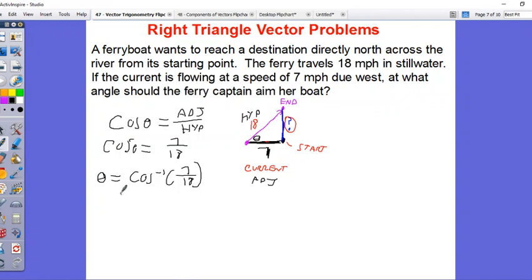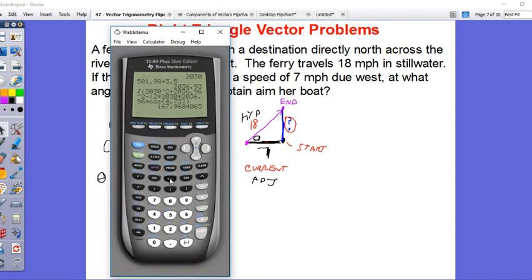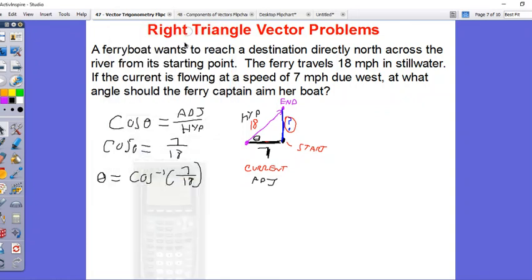Get the calculator, find the inverse cosine of 7 divided by 18. That's going to be 67.11. So theta is equal to 67.11. I want you to note here that when we're looking at this angle right here, that is a quadrant 1 angle.